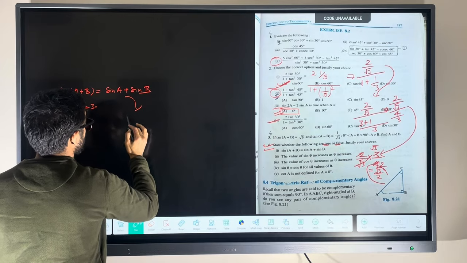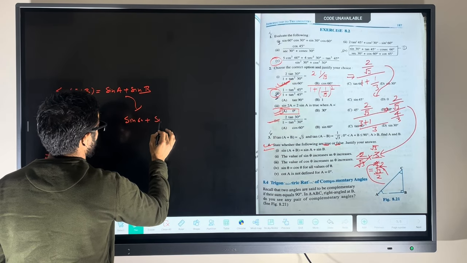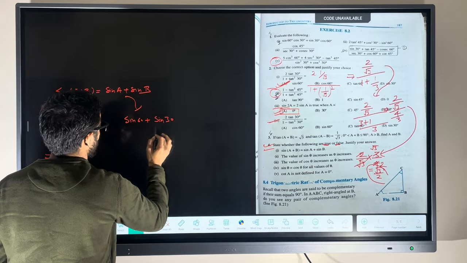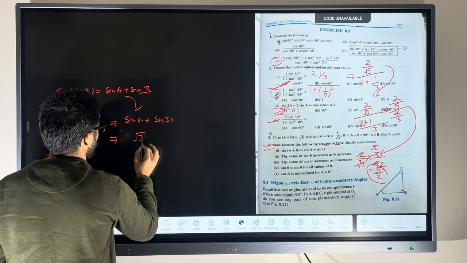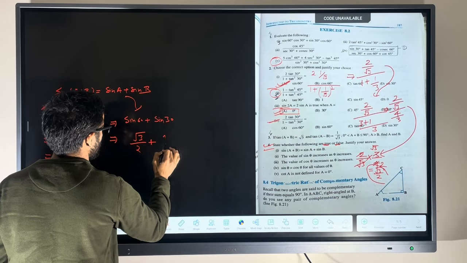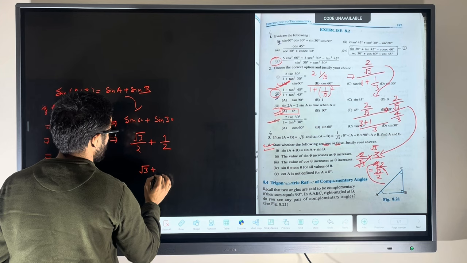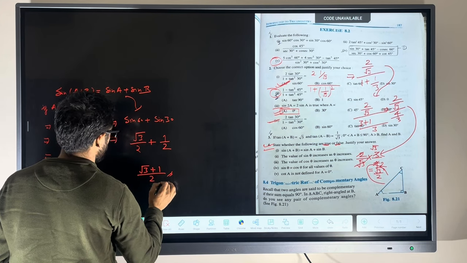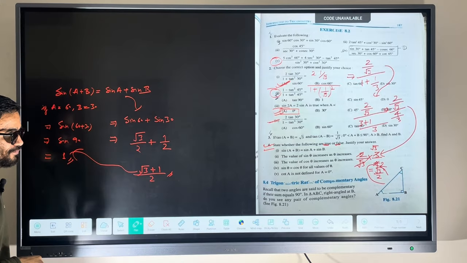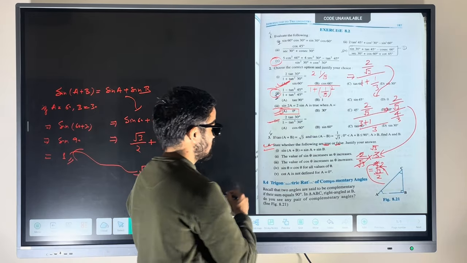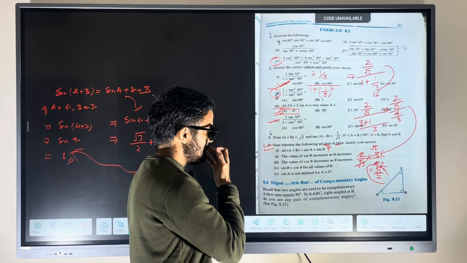Now this part, sin 60 plus sin 30. What is the value of sin 60? It is root 3 by 2 plus sin 30, 1 by 2. So it turns to root 3 plus 1 upon 2. Now you can see that both values are different, so this statement is false.